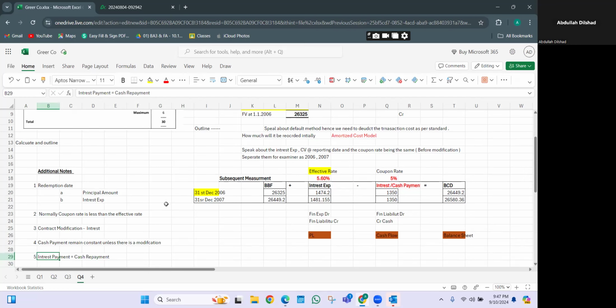Okay, so now at this point, guys, a modification takes place.